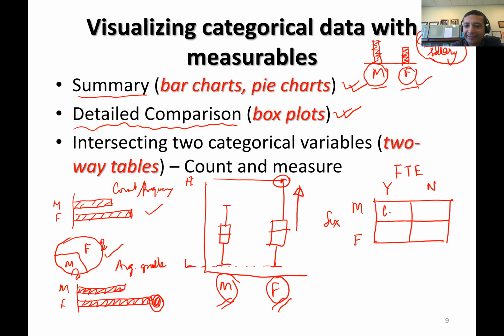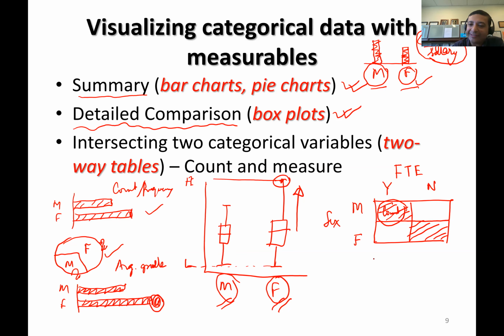I can look at this as count. I can specifically count the males in my class who work full-time, which is this specific quadrant. I can specifically count the females in my class who do not work full-time, who may be full-time students working as GAs, and that would be the count in that quadrant.